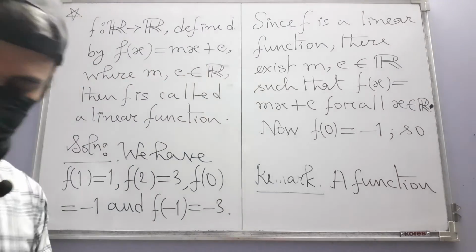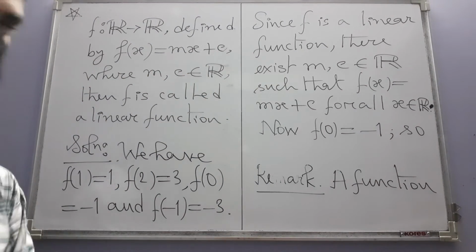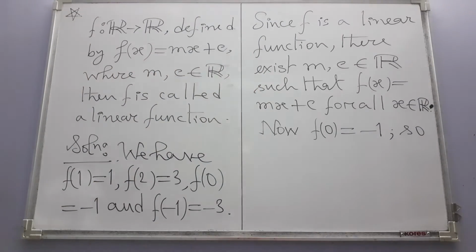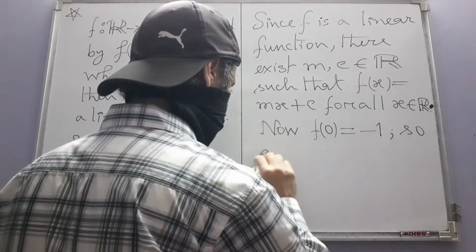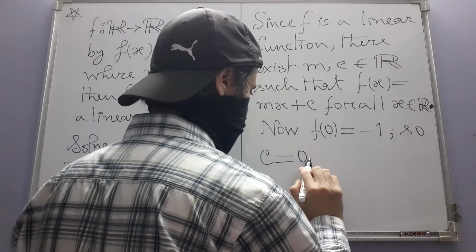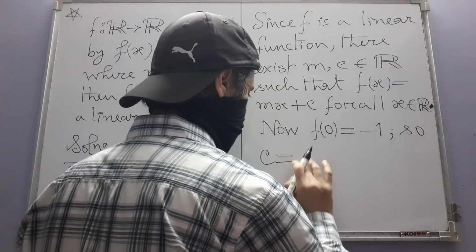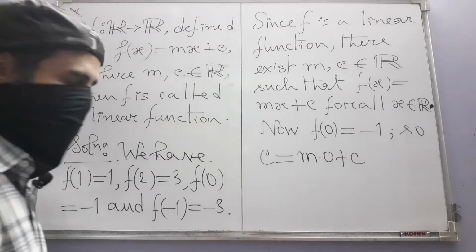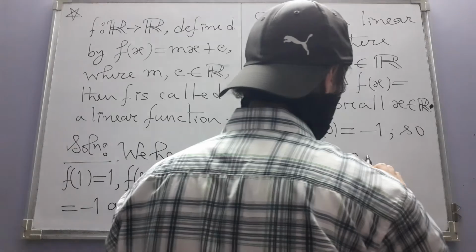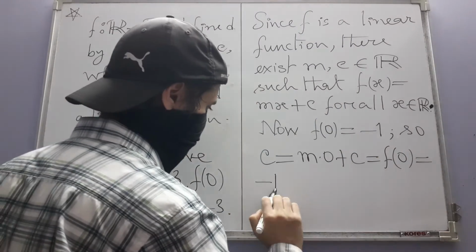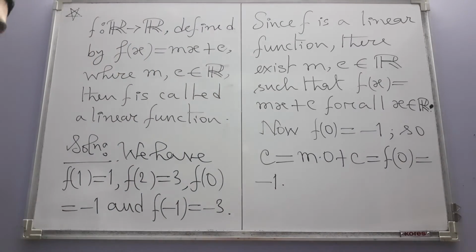So c is equal to m times 0 plus c, of course, because that is 0 plus c. And this is nothing but f of 0, and that is minus 1. So from this we have simply got c. We now know that c is minus 1.